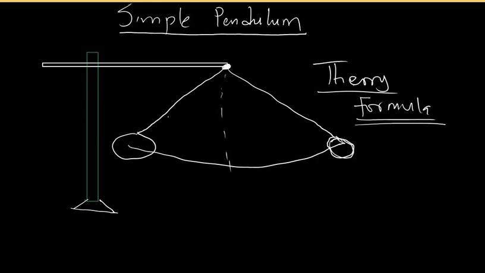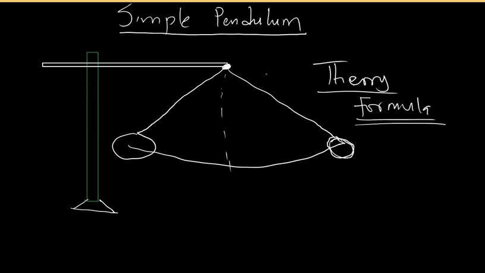I'm going to show you how to conduct it, and we are going to look at the theoretical way of getting the same value that we would have got if we did the actual practical.